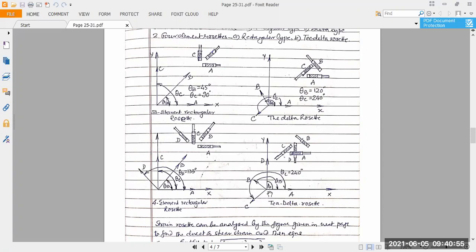Gauge C is parallel here, and theta C is equal to 120 degree. Thus we are having four gauges here: one along OX, one along A, one along B, and one along C itself.